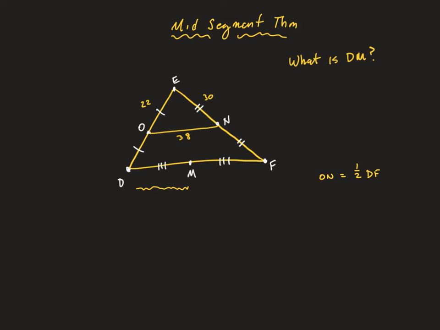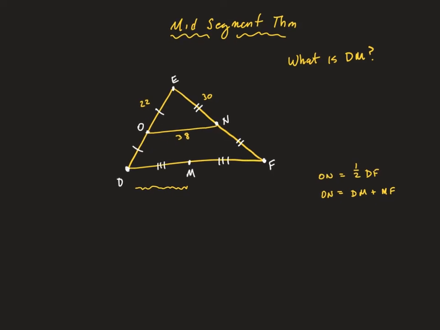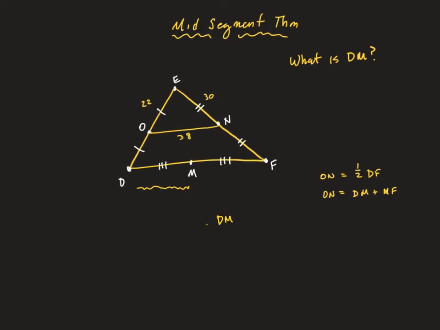They're all congruent statements because M is a midpoint, so the measurement of DM is going to be equal to the measurement of ON, which is going to be equal to the measurement of MF, just because of the midsegment theorem.